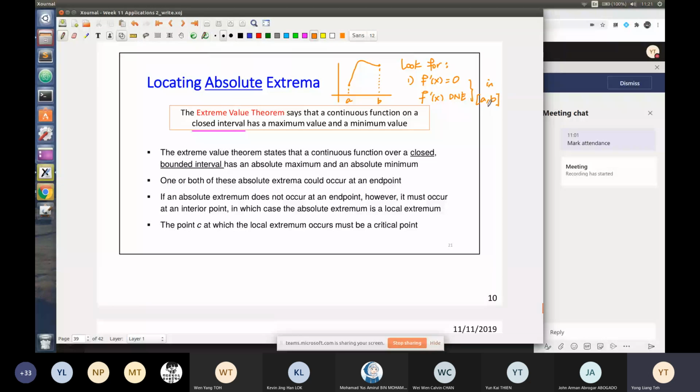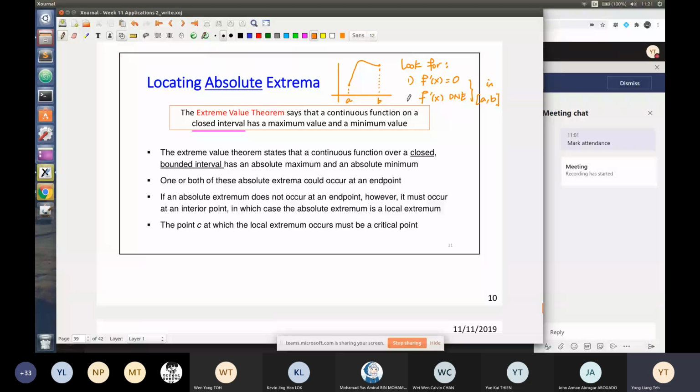If it's outside AB, then you practically ignore it, because the question states that I want to locate the extrema in this closed interval AB. So you have to check the critical number. If that number is outside of this interval AB, it does not belong to the candidates for an extremum in this interval. We have a demonstration later.